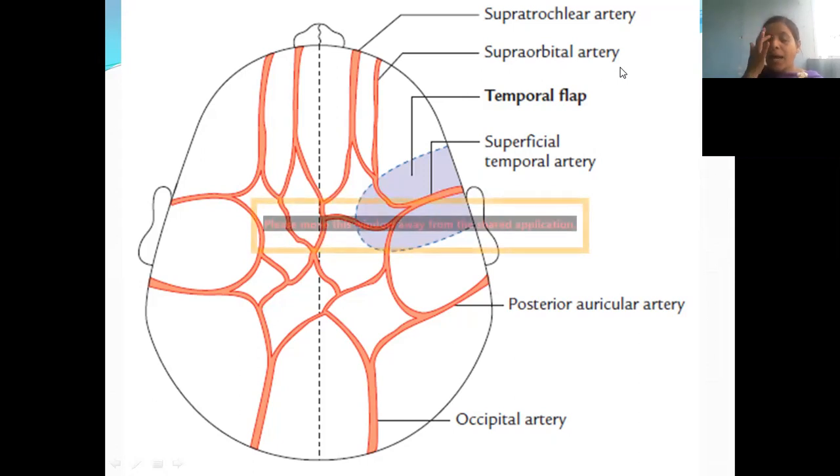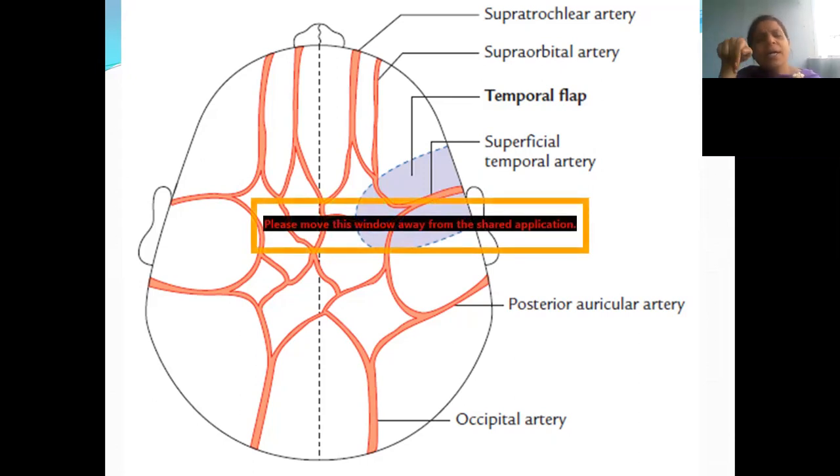Supratrochlear and supraorbital arteries are branches of the internal carotid artery. We saw the internal carotid artery when we were doing the circle of Willis. That means the internal carotid artery is actually supplying inside the brain, not outside.